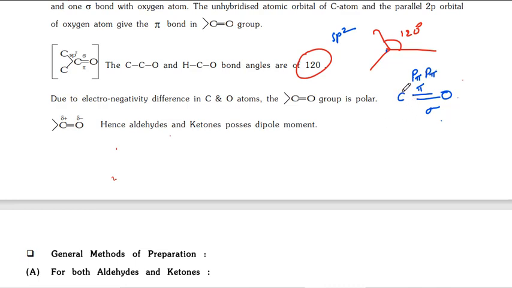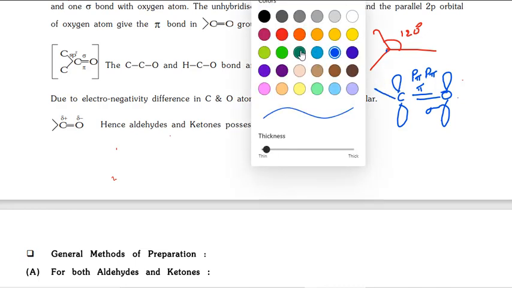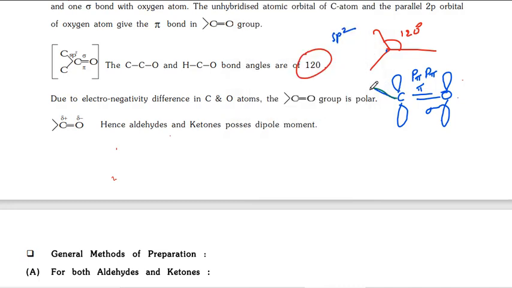This carbon has one unhybridized orbital. This oxygen also has one unhybridized orbital. These two orbitals are overlapping. This carbon has sp2 hybridization.